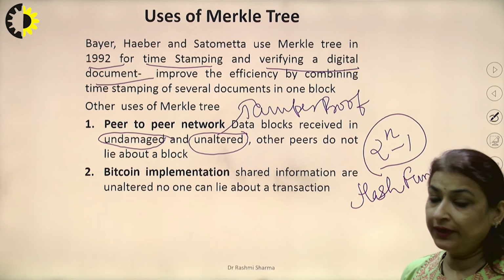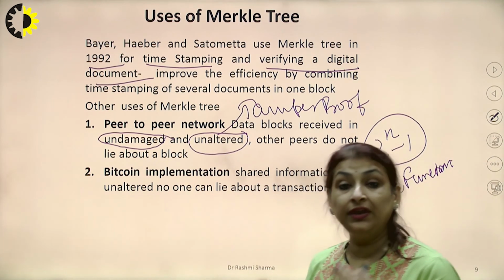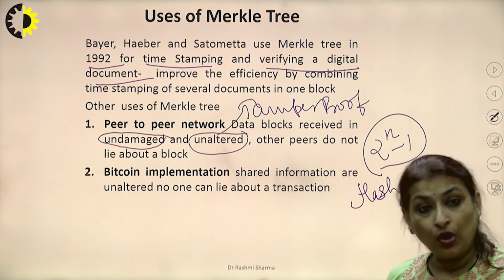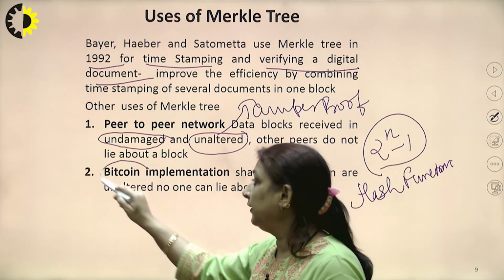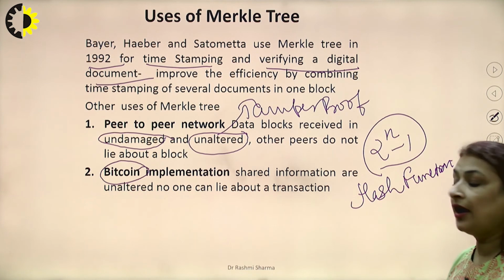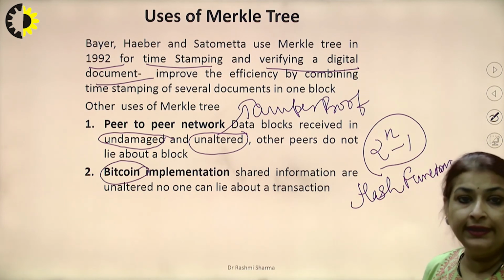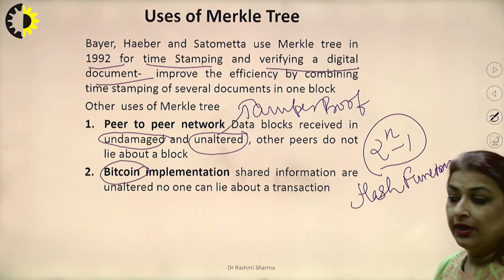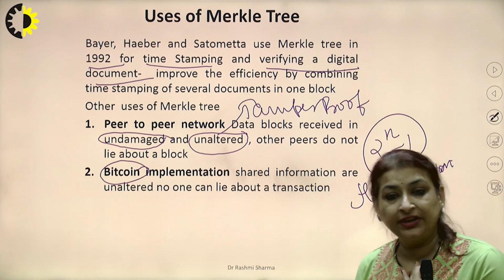So this technique was basically used in blockchain, in the Bitcoin implementation, where shared information is unaltered and no one can lie about a transaction. If I'm doing a transaction, I cannot deny it.